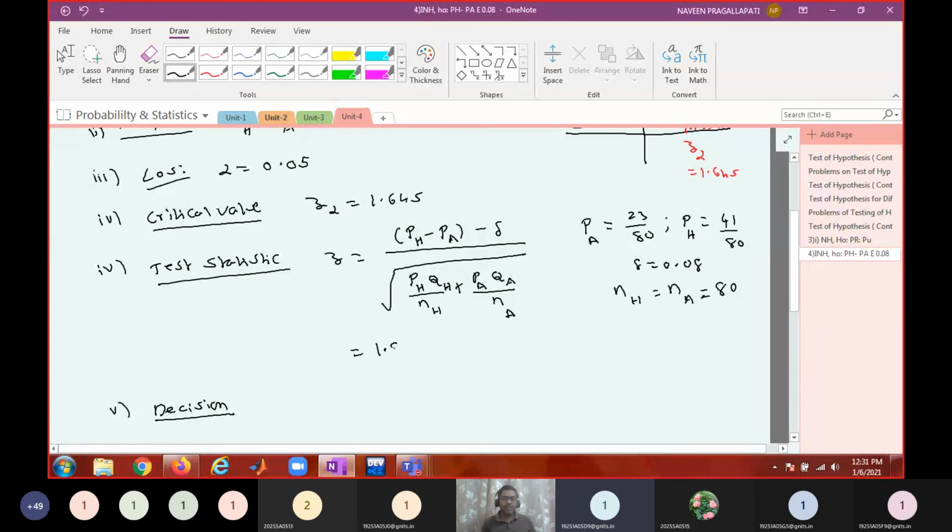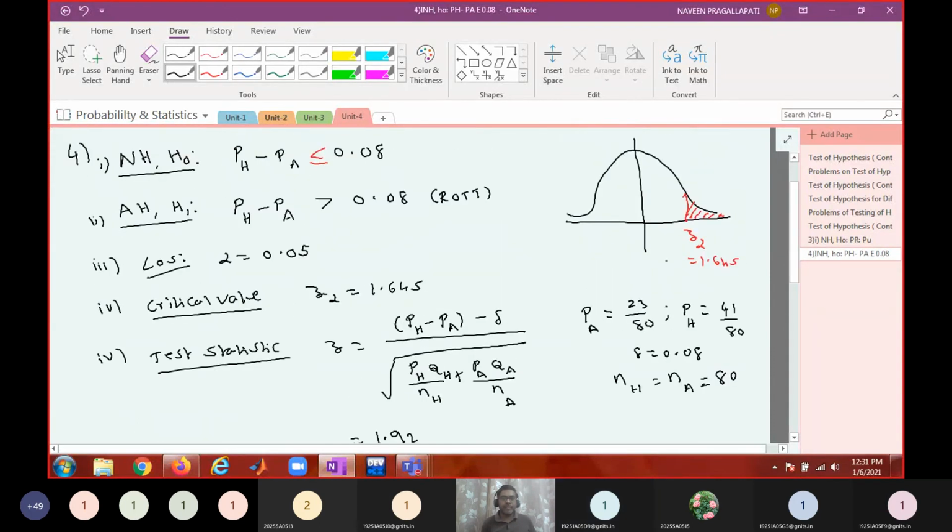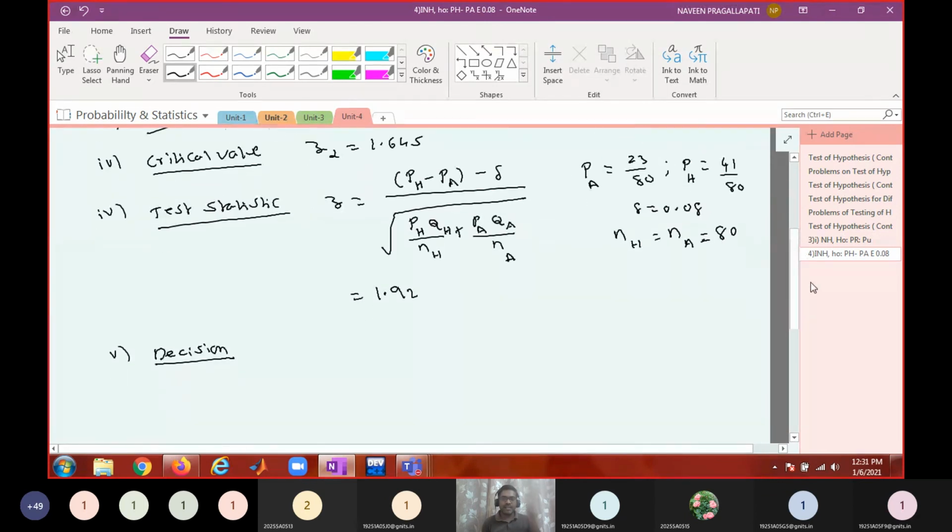1.9233, so 1.92. So where is this 1.92? In the rejection region. So the results are significantly different.